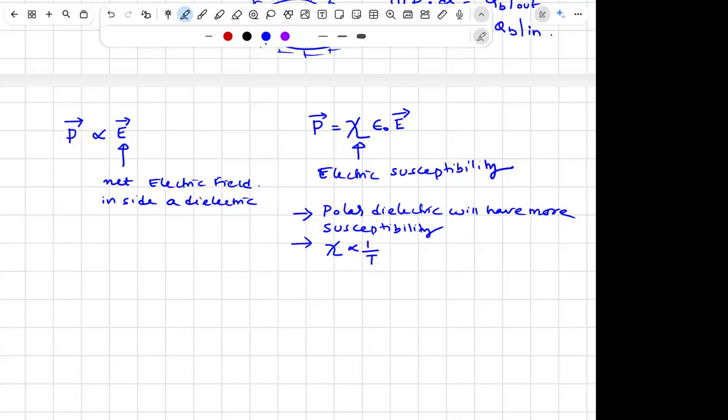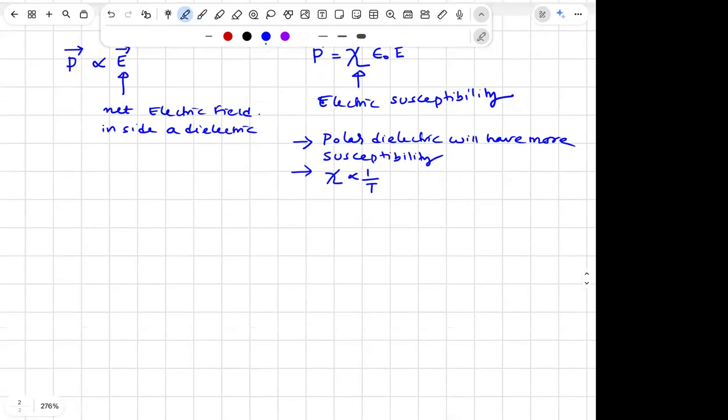It depends purely on the nature of the material, right? So we will use a term epsilon r, which is also called K, the dielectric constant.